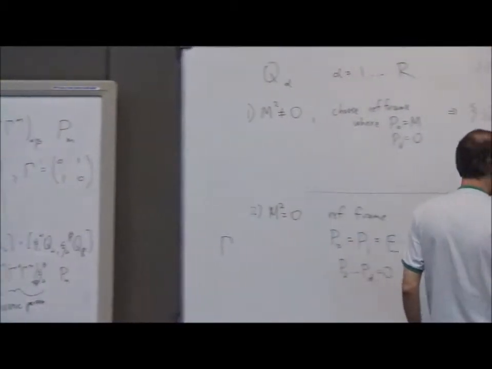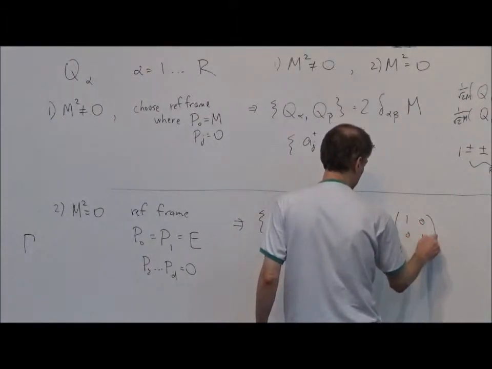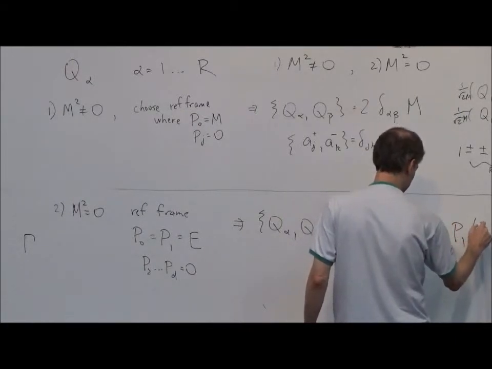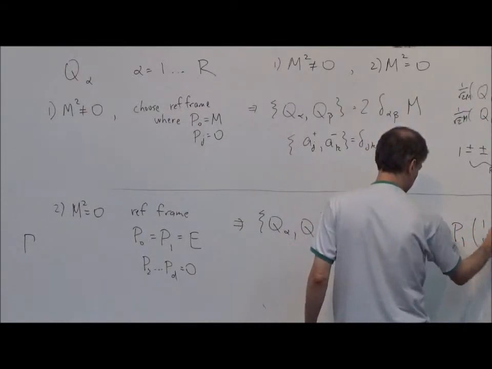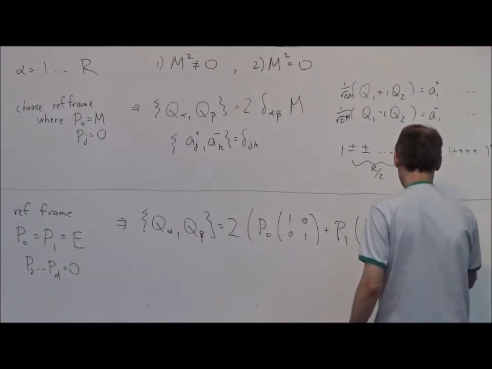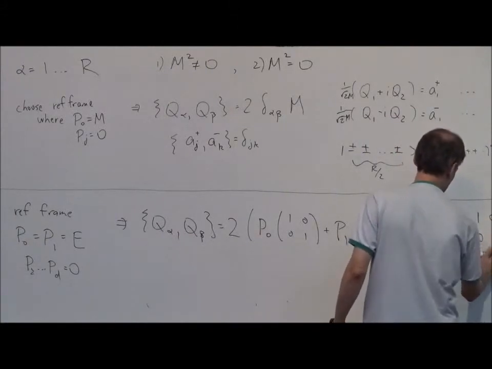You get P0 times (1, 0, 0, 1) plus P1 times (1, 0, 0, minus 1). But these are equal, so this is just equal to 4 times the energy times (1, 0, 0, 2).